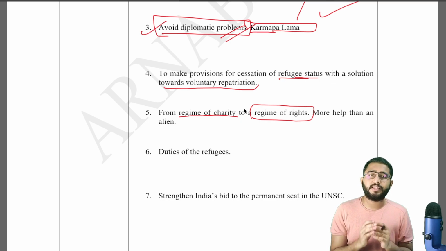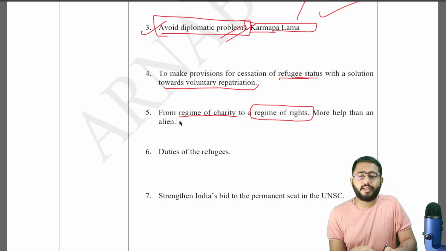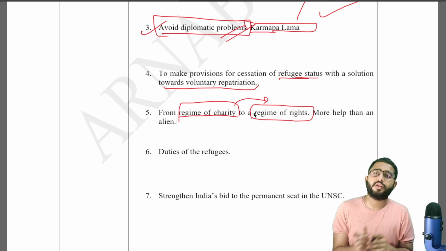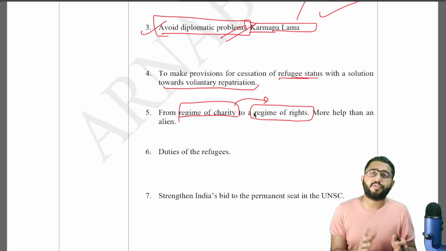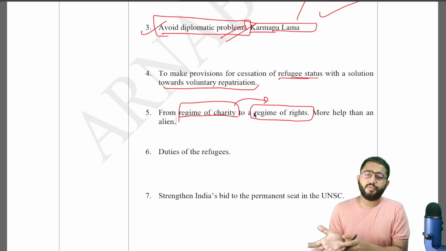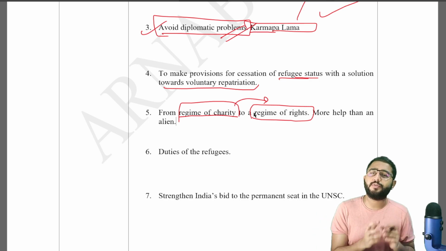These points are going to show the acumen that you have. Because when you write something like this, that India needs to move away from a regime of charity to a regime of rights, you're telling them that India has an ad hoc policy. It's a case-by-case policy. But because it's a case-by-case policy, the nature of rights keeps shifting. So now you want India to move away from a regime of charity to a regime of rights.